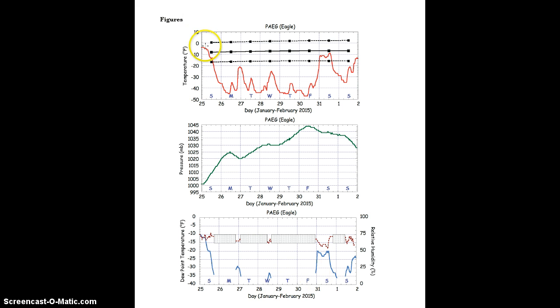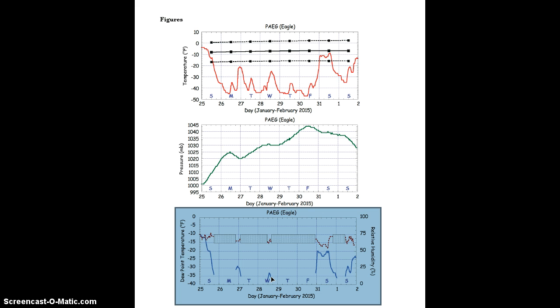As you can see, it dropped from the 25th into the 26th, and in the 27th it rose and fell along with the temperature, and on the 28th, where the temperature rose throughout the day and fell into the night, you can see the dew point rising into the day and falling into the night.